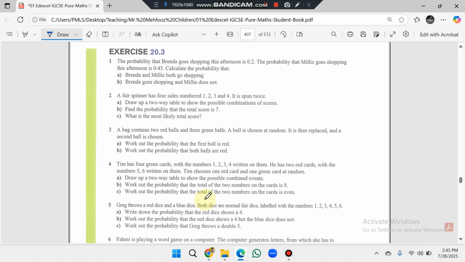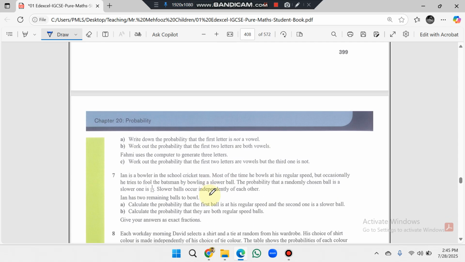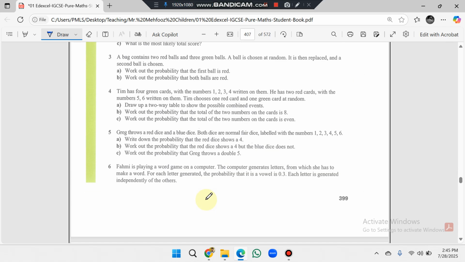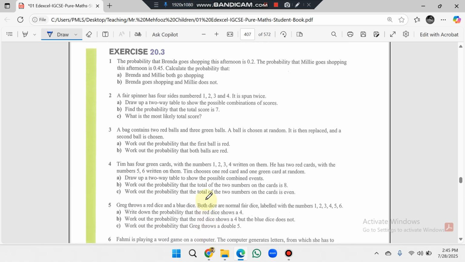Here we have the next exercise, that is 20.3, and in this exercise we have a total of 8 questions. You have to do the questions of exercise 20.3 which are the factors of 8. So which are the factors of 8? Just the numbers by which 8 can be divided completely.